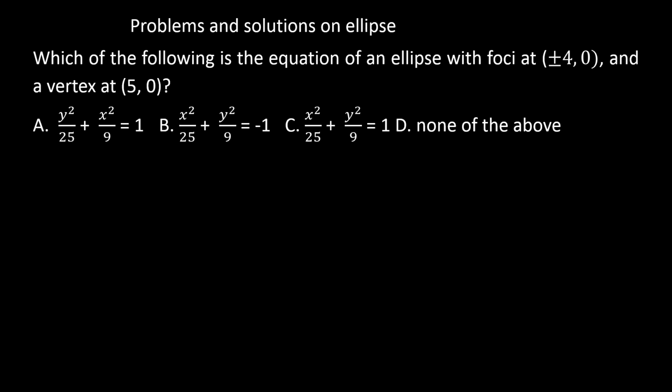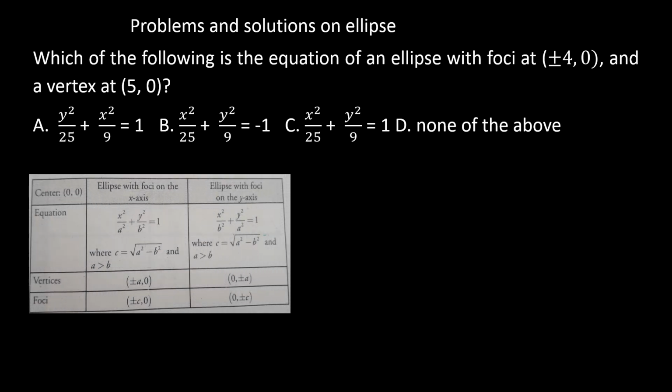That is the equation. Then we have the following choices. Letter A, y squared plus 25 plus x squared over 9 equals 1. Letter B, x squared over 25 plus y squared over 9 equals negative 1. Letter C, x squared over 25 plus y squared over 9 equals 1. Lastly, we have none of the above. Okay?